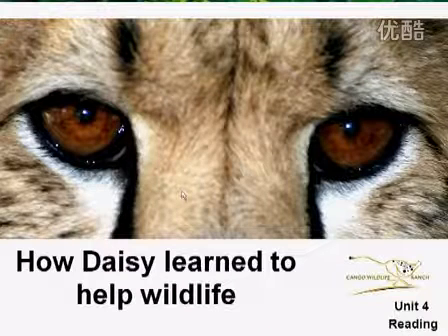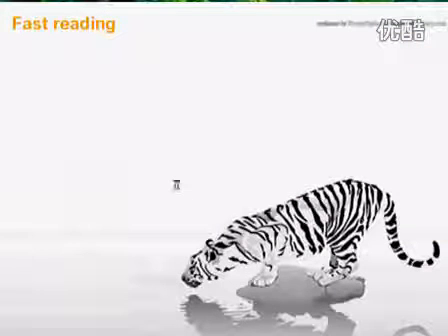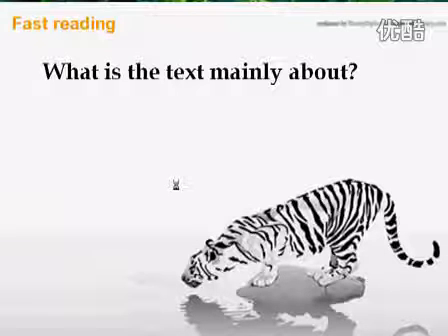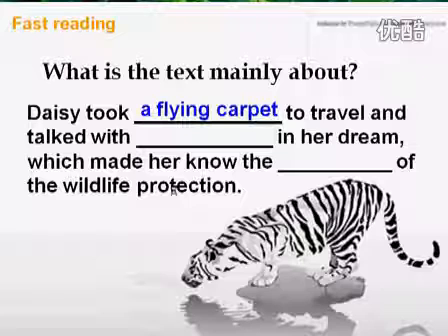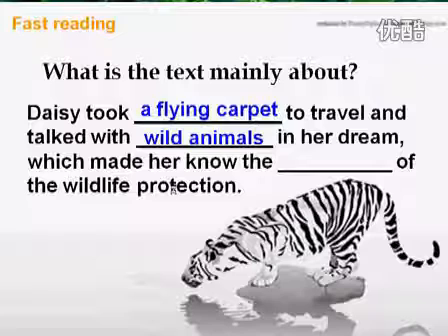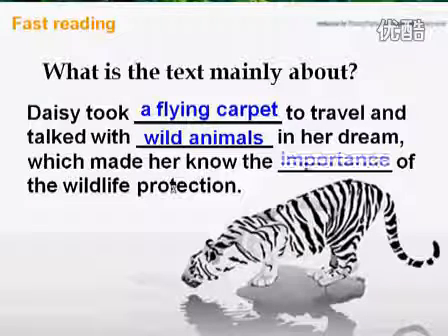Well, first of all, please do the fast reading and try to find out the main idea of the passage. Now I will give you some guidance. You just fill in the blanks. Okay. Now Daisy took a flying carpet to travel and talk with wild animals in her dream, which made her know the importance of wildlife protection.